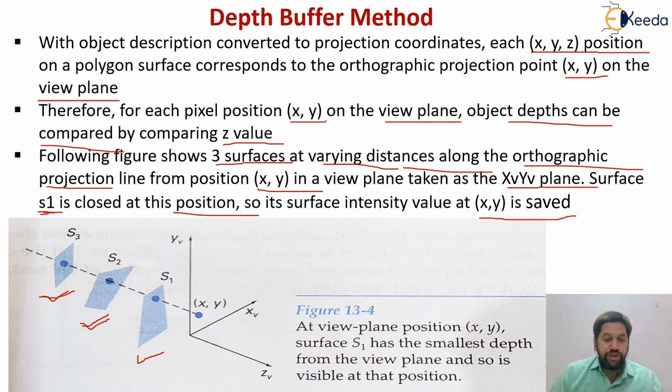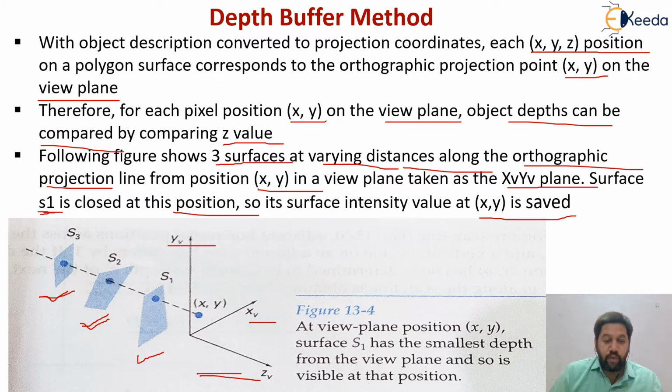Now all these three polygons are overlapping with each other, and we have to find out only the visible surfaces. It may happen that some part of S1 is displayed, some part of S2 is displayed, some part of S3. It depends upon their Z value. This is our viewing plane, so I am displaying the object in xy. This is my x axis, this is my y axis, and this is my z axis, that is depth.